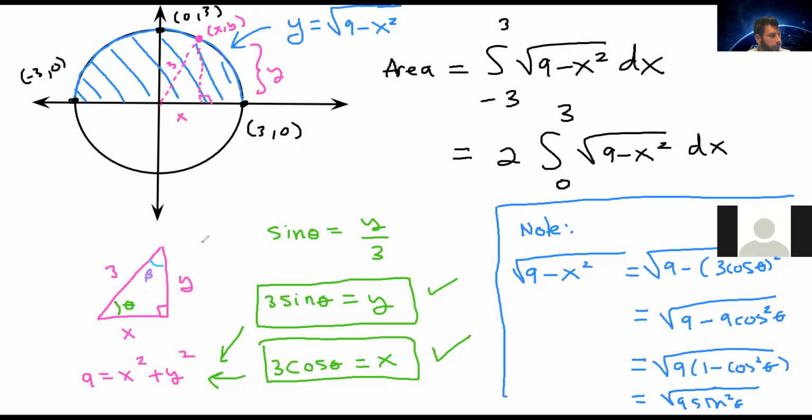It would be 3 cosine of beta is equal to x. Or, did I say that right? Yeah. So the cosine of beta is x over 3, so it'd be 3 cosine beta is equal to x. Anyhow, if you do that, then you get this.